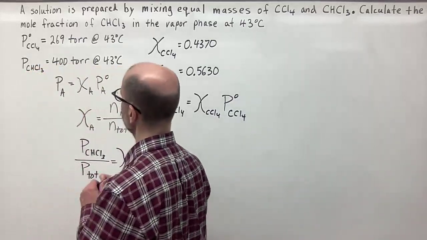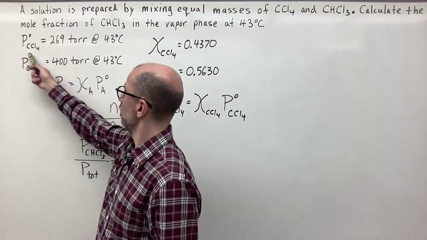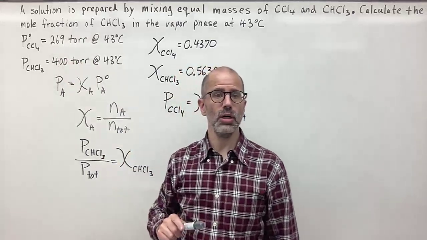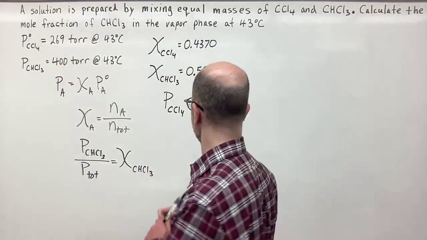They gave us up here that the partial pressure of pure carbon tetrachloride is 269 torr at 43 degrees Celsius. So we're going to use that.